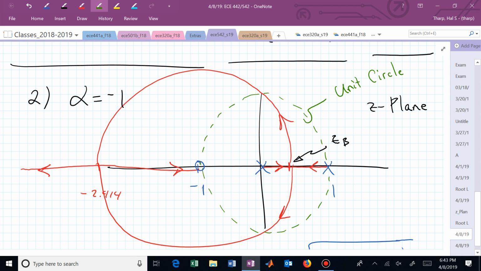Do we ever have both branches simultaneously inside the unit circle? As long as we crank up k bigger than 0, both branches are real, or both closed loop poles are real, and they're approaching that breakaway point. When we get to that point, and you could find the gain k to get you there, then what?